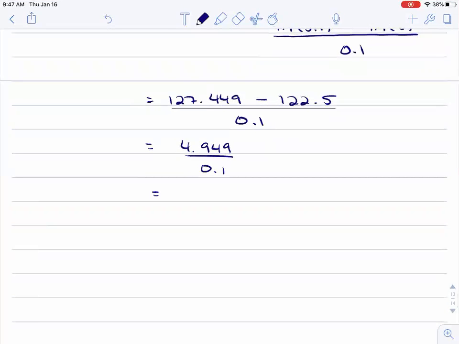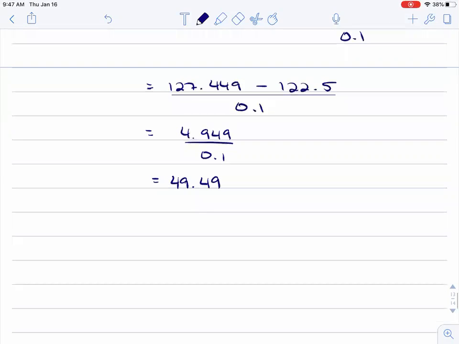I get exactly 49.49, and it's the change in distance, which is going to be in meters, over the change in time, which is going to be in seconds, and so my units here are going to be meters per second.